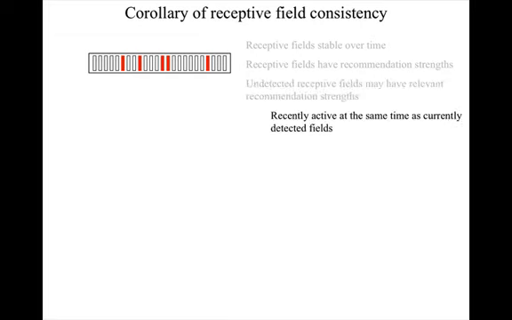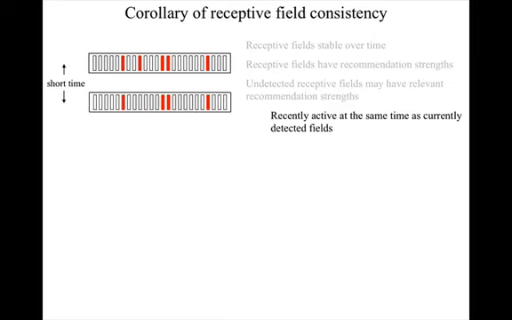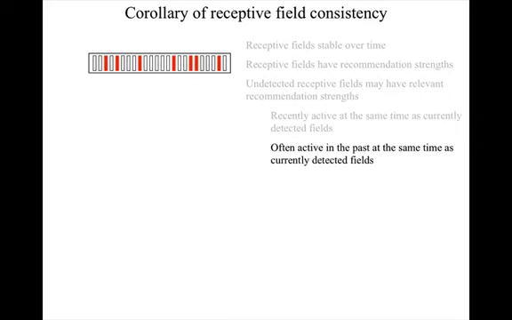For example, suppose some group of columns was detecting their receptive fields, and a short while later, some but not all of those columns again detected their receptive fields. There's a reasonable chance that the receptive field in that earlier group that's currently undetected may have some relevant recommendation strengths. It would be useful if the active members of the group could indirectly activate the inactive members on the basis of that temporally correlated past activity.